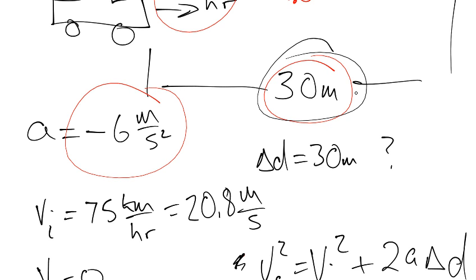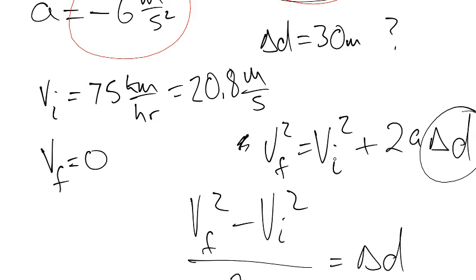Then we'll know if he is able to stop before the red light. So in order to solve for delta D here, we just have to do a little bit of algebra. We'll go V final squared minus V initial squared, divided by 2a, is going to equal delta D.